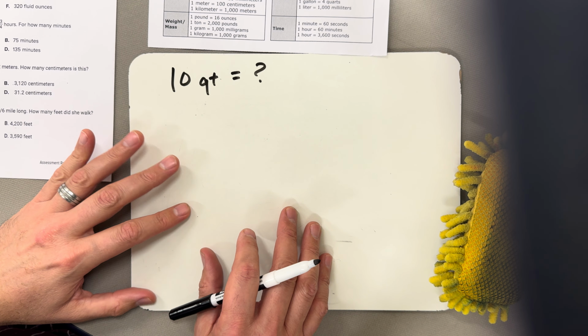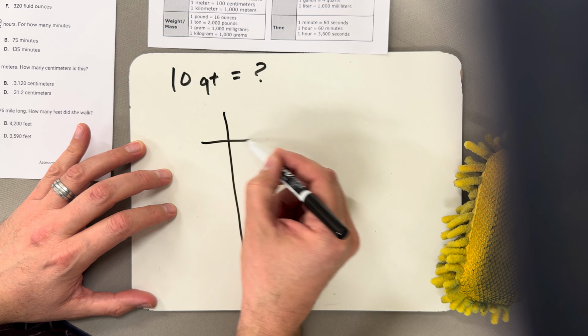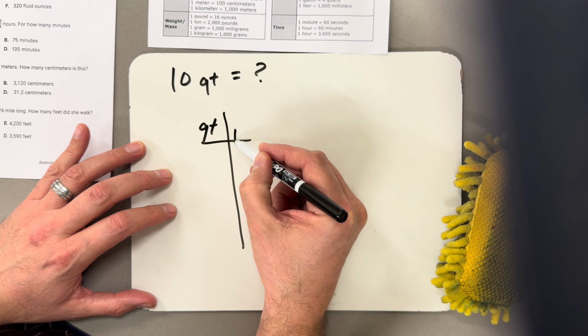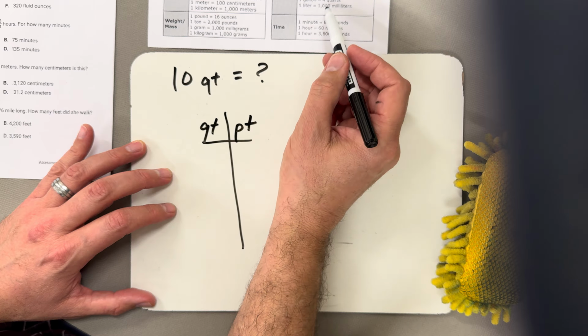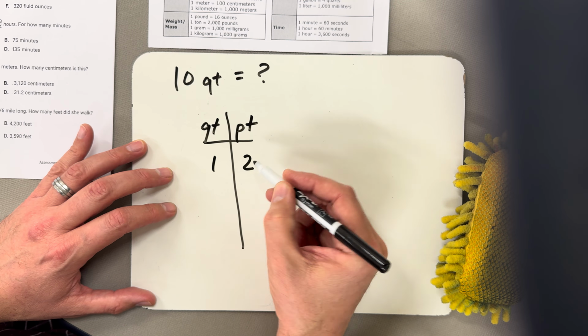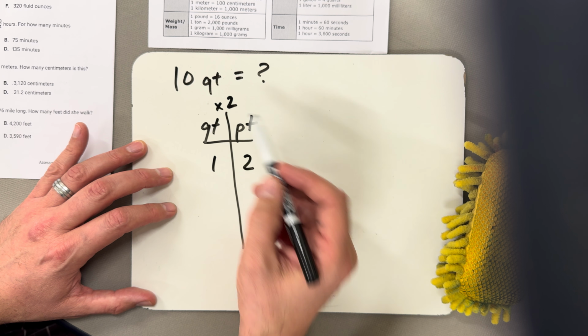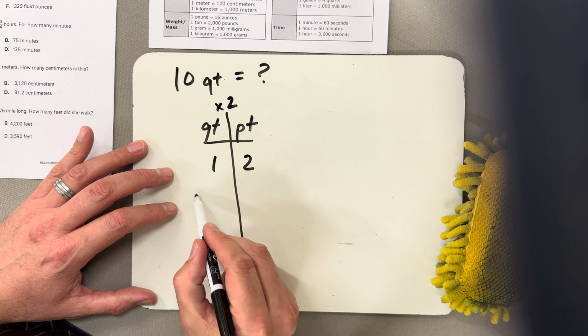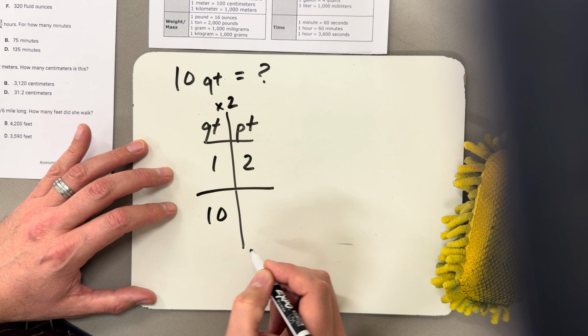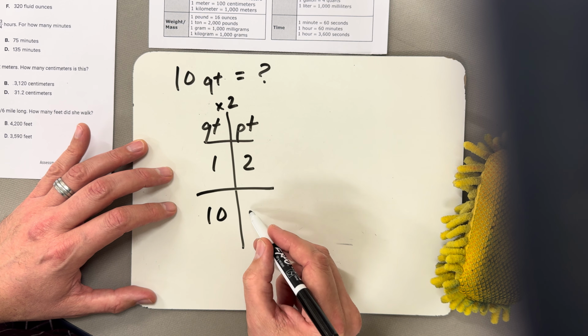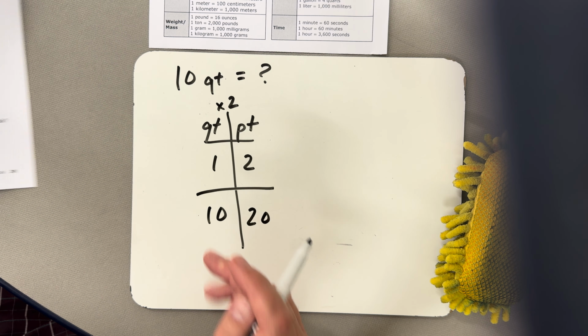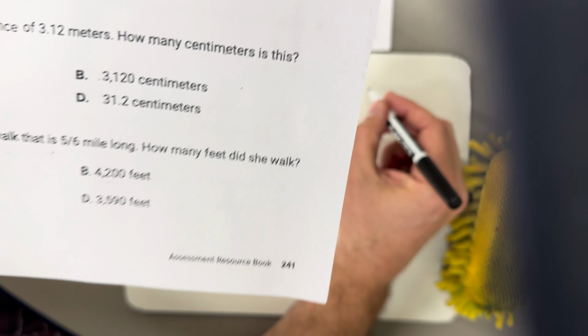I guess the first thing I can do is pretty simple, quarts to pints, because that's right there on the sheet. 1 quart equals 2 pints. So whatever I have is times 2. 1 times 2 is 2. So let's see, we have 10 quarts. How many pints would we have? 20 pints, right? So that means D is correct.